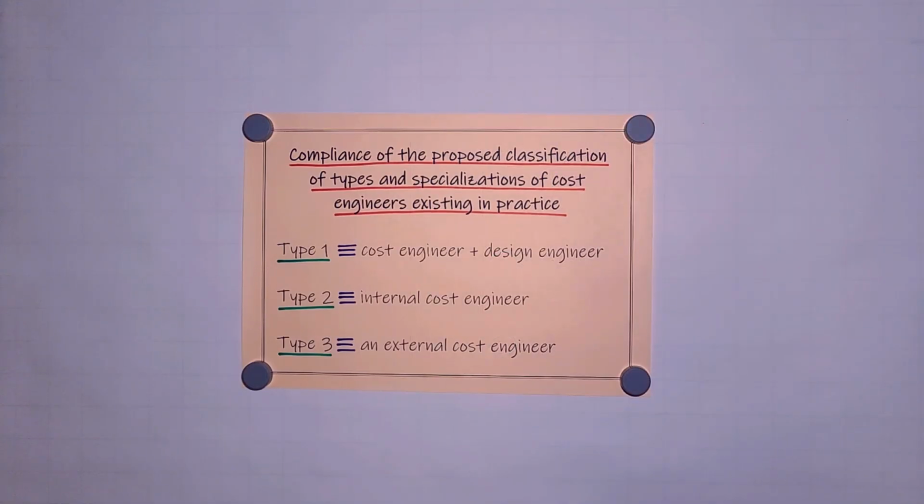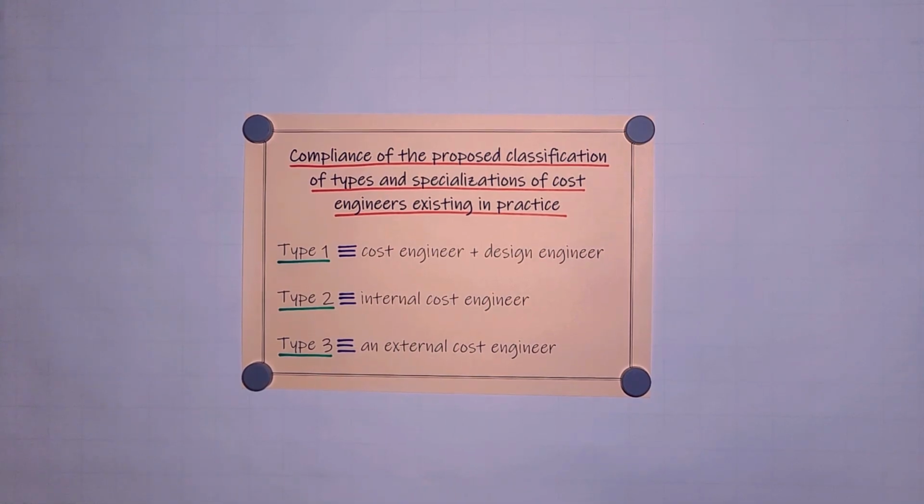Block 2. The considered concept of cost engineering, based on value analysis, assumes the possibility of having three types of cost engineers in its composition. Type 1.